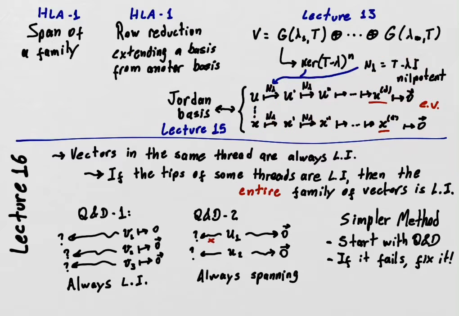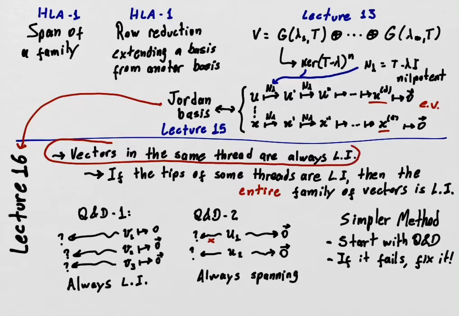So then from this perspective of what the Jordan basis looks like, that's how we move into lecture 16, which is how do we actually find one. So the first observation is vectors in the same thread, they are always linearly independent. That's an easy exercise. If you have a vector such that when you apply whatever operator to it, it doesn't need to be nilpotent, you get another vector, another, and eventually this thread ends at 0.